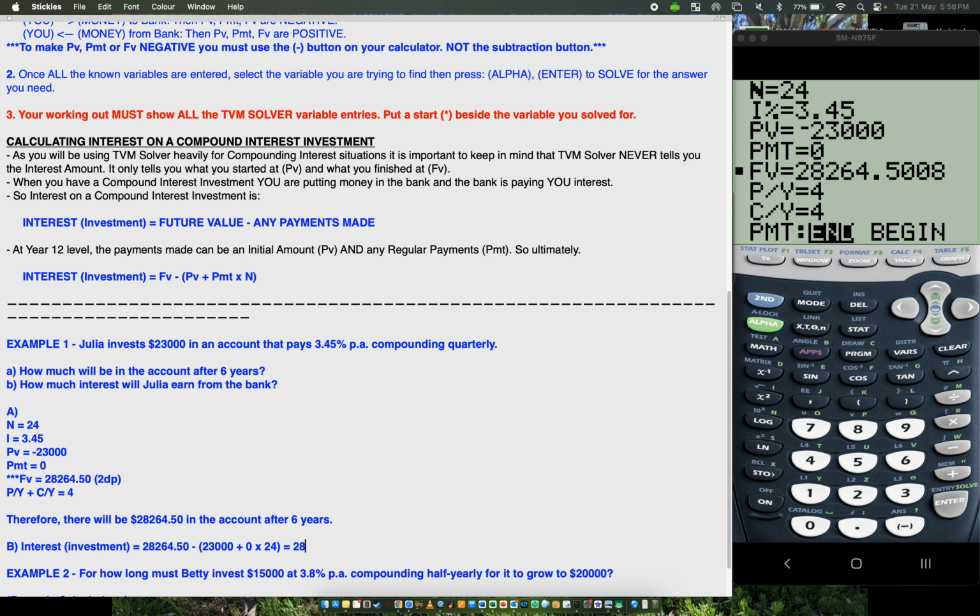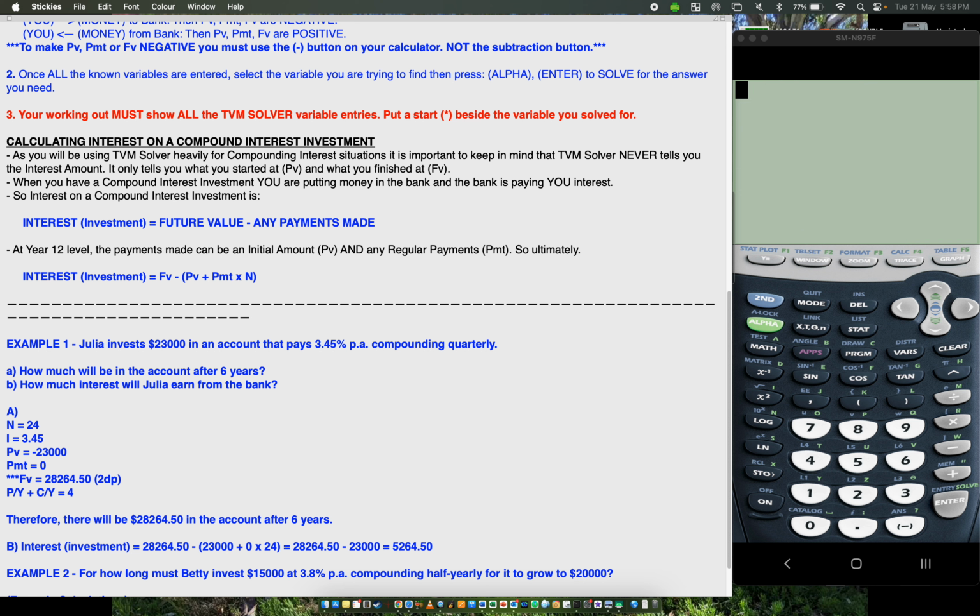So it's going to be $28,264.50 minus $23,000, which is going to be $5,264.50. If you want to quit out of TVM solver, you just press second mode to quit. Make sure I'm not doing any stupid arithmetic mistakes. So $5,264.50 in interest.